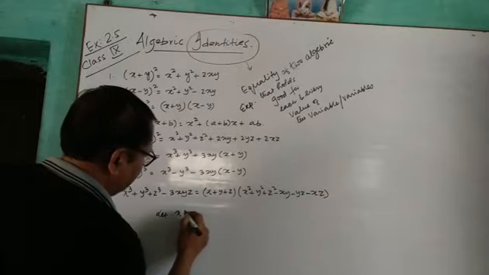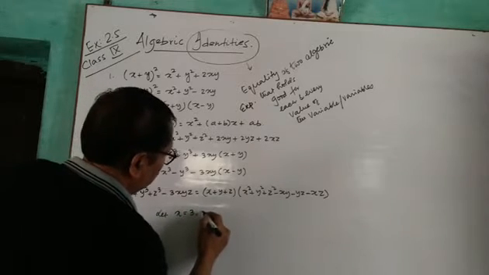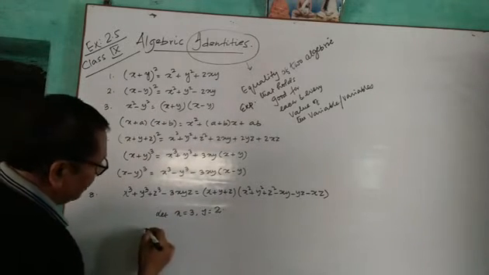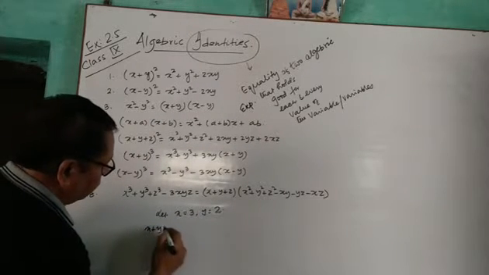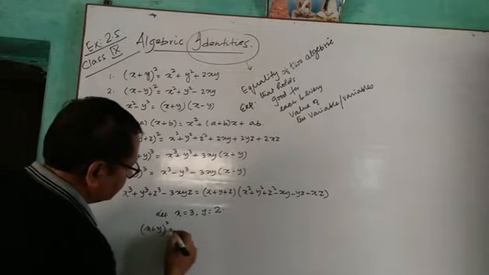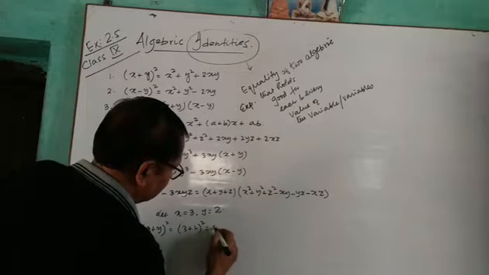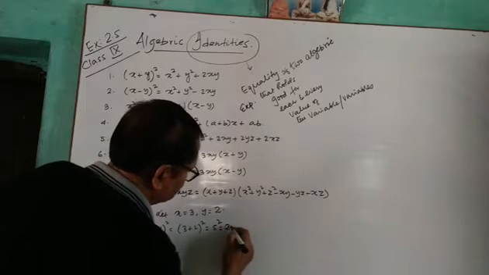Let our x be equal to 3 and y equal to 2. See, our (x + y) whole square will be simply (3 + 2) whole square, and that is 5 square. That will give us 25.